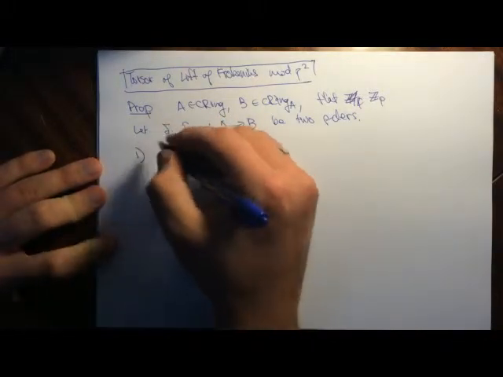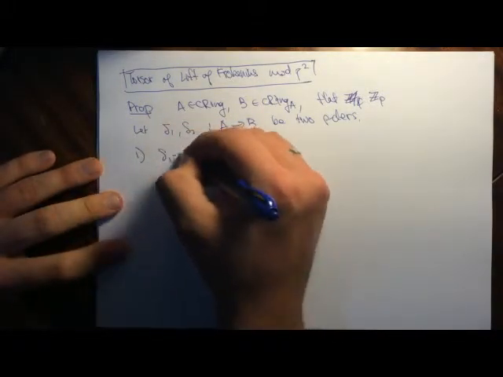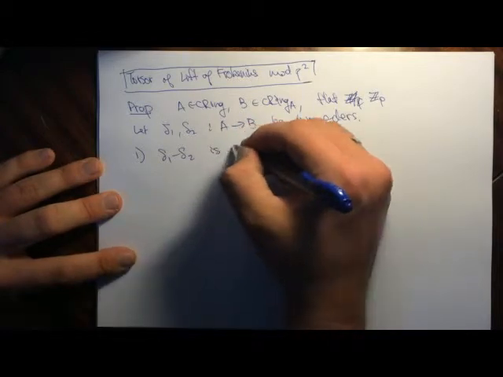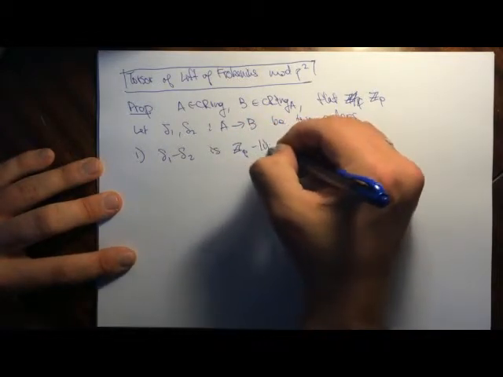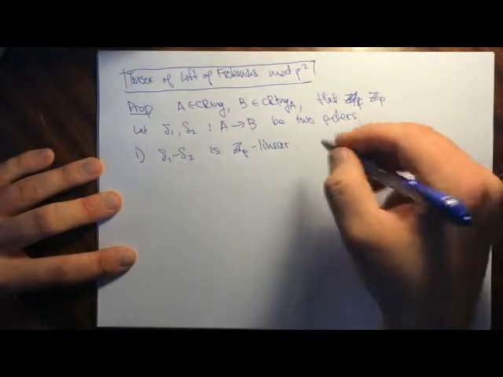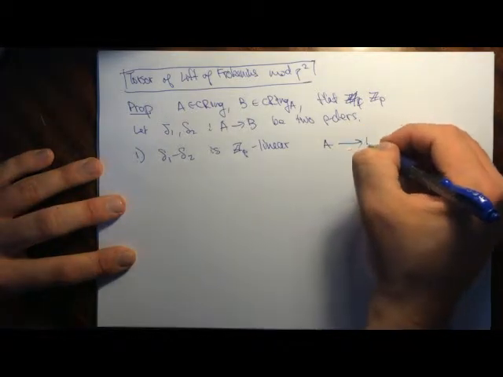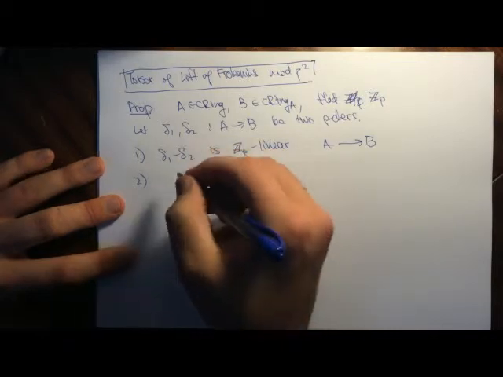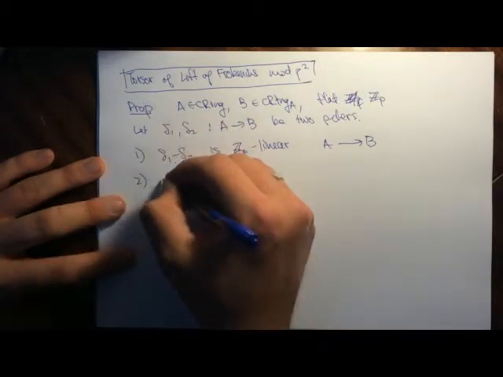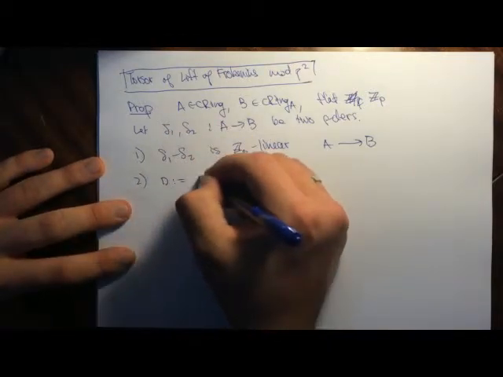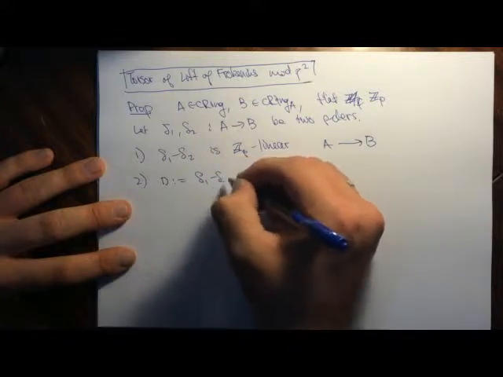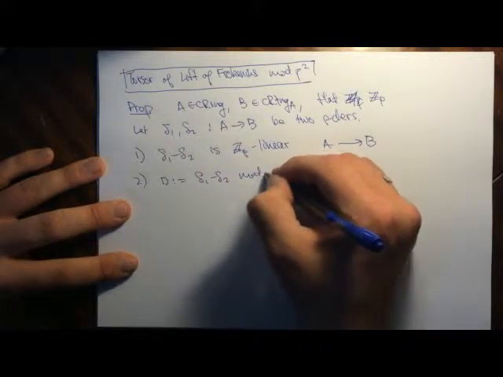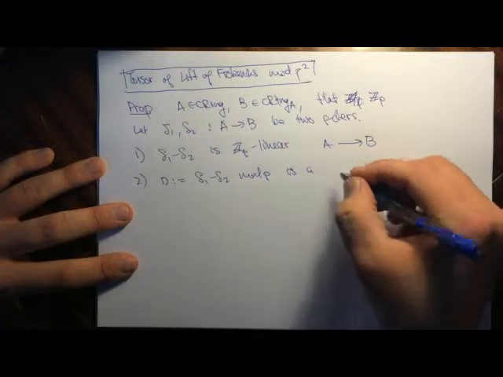Okay, the first comment I want to make is that this is a Z_p-linear map from A to B. Two, let's say D, defined to be the difference of these, mod p, is a derivation of the Frobenius.